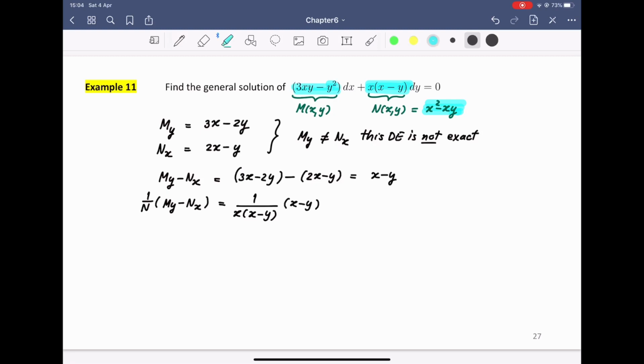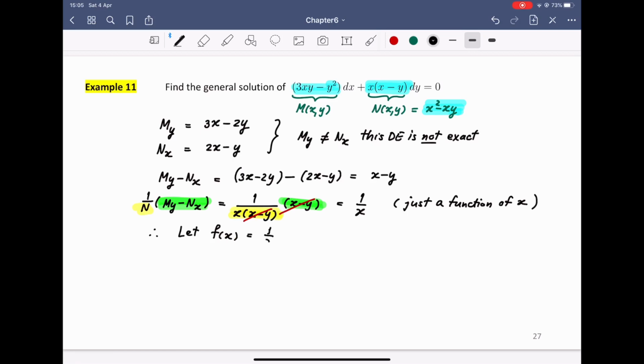Because your N is x times (x minus y), and your M_y minus N_x you computed before is x minus y. And you can see that x minus y cancels, and what you have left is 1 over x. This is just a function of x, right? We're going to call this thing f(x). So let f(x) equal 1 over x.